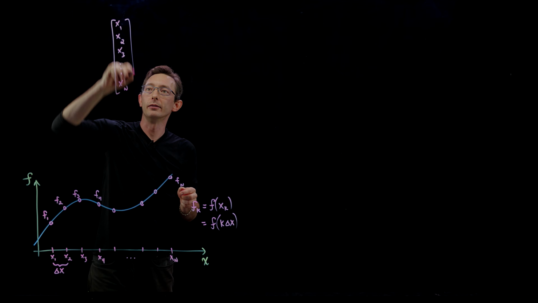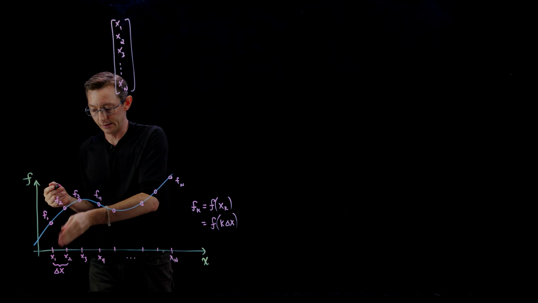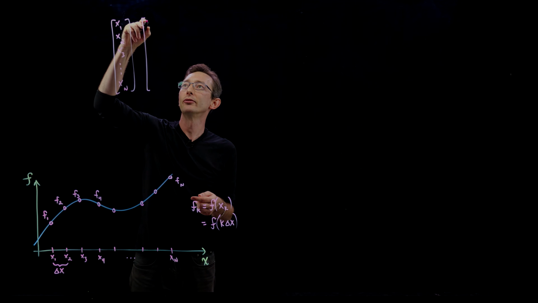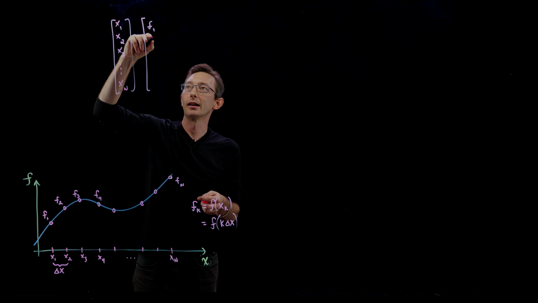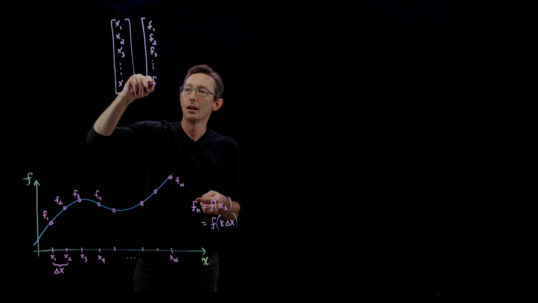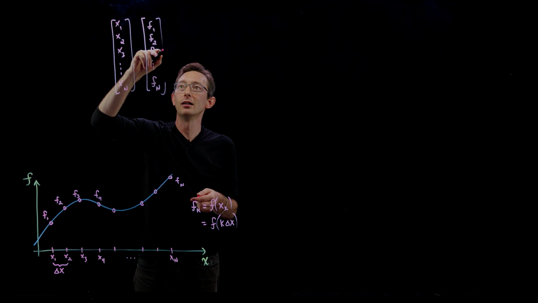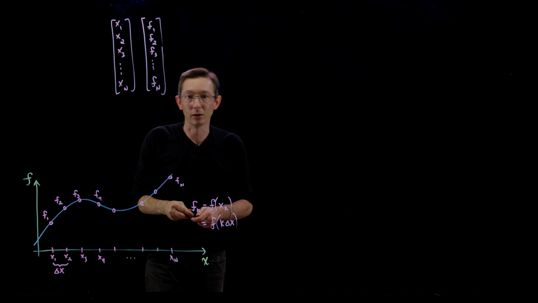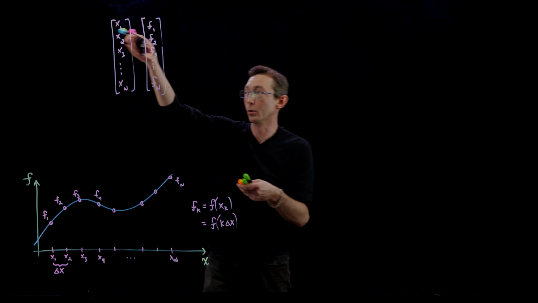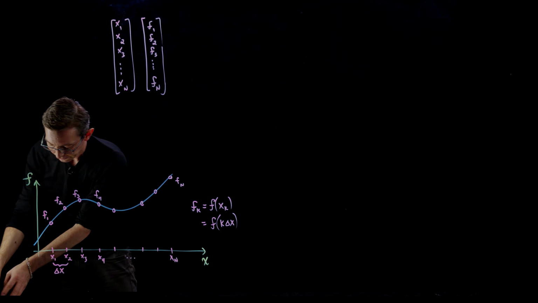That's a vector of positions where my data is measured. And then I have the vector of the data itself, which is my function evaluated at x1, my function evaluated at x2, evaluated at x3. And these could be measurements from a telescope or from radar or from anything that I'm measuring in space, or in time or whatever. It doesn't really matter.